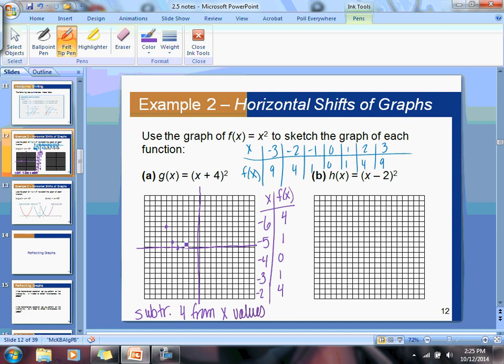Negative 4, 0. And then use your knowledge of symmetry to plot those other couple points. And notice that my graph didn't move up or down at all. It just moved to the left 4 units. It's not starting at the origin anymore. Now it's back 1, 2, 3, 4 units. That's where my vertex has moved to.